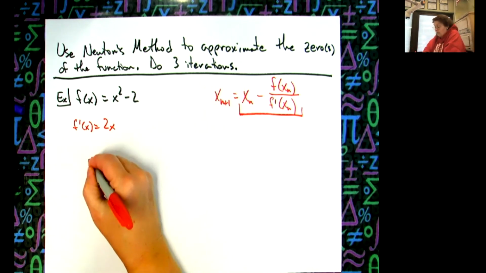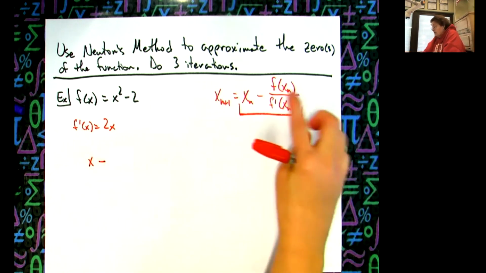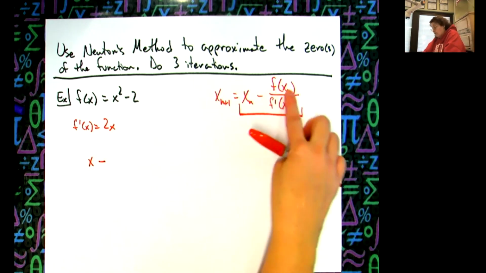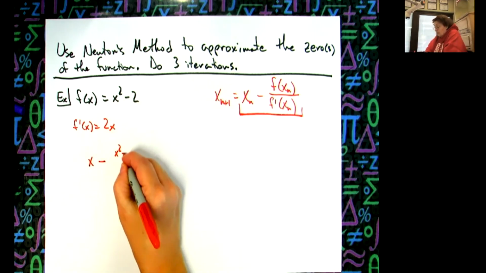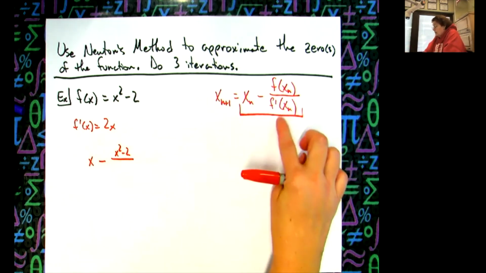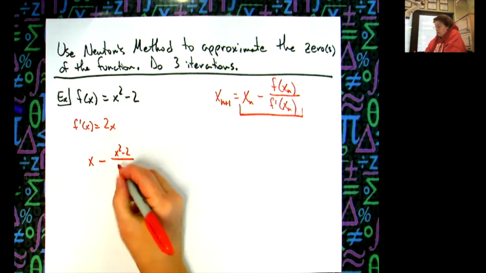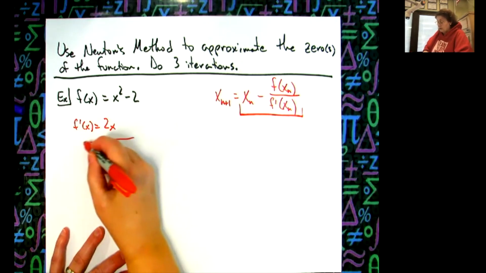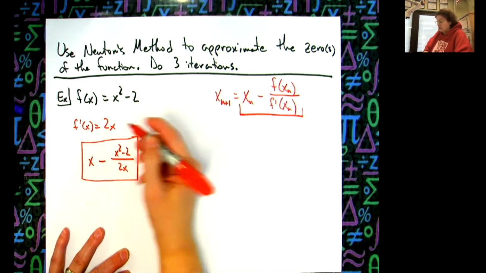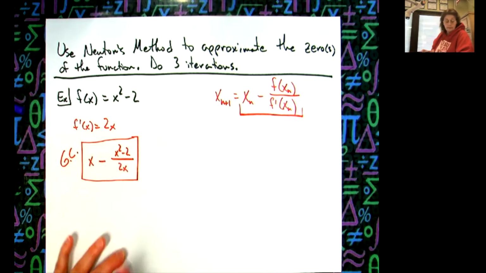So I'm going to have the formula x minus the original function, x squared minus 2, and then the derivative, 2x. So this is what is going to get plugged into your graphing calculator.